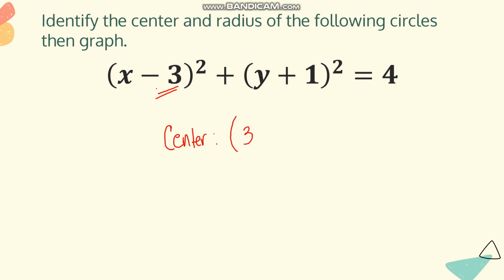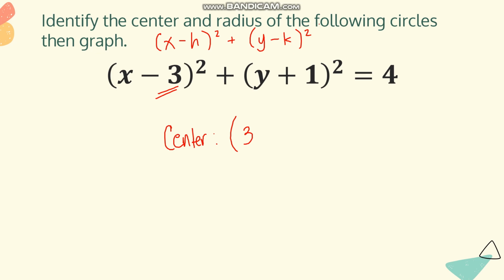Now, why not negative 3? Take note that the formula is x minus h squared plus y minus k squared. So originally, the operation between x and h is subtraction, or negative. So if this is negative here, definitely our h will become positive. Or if it's positive, then you just have to write the opposite sign. Like in this one, y plus 1 squared.